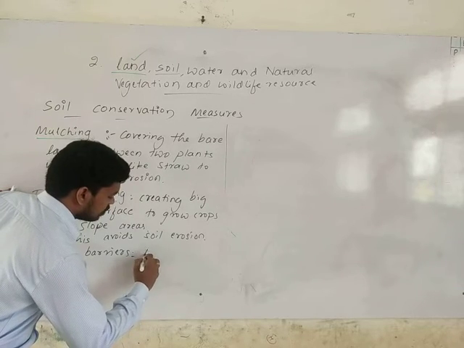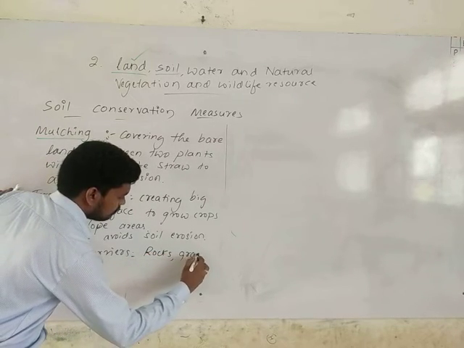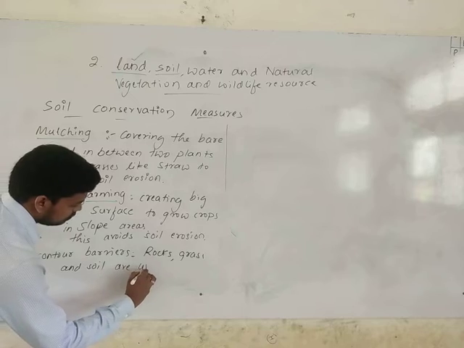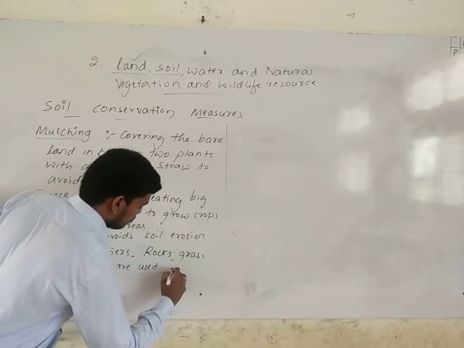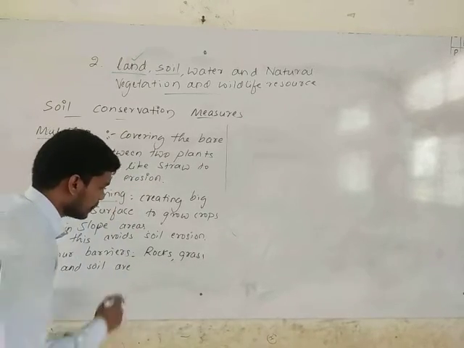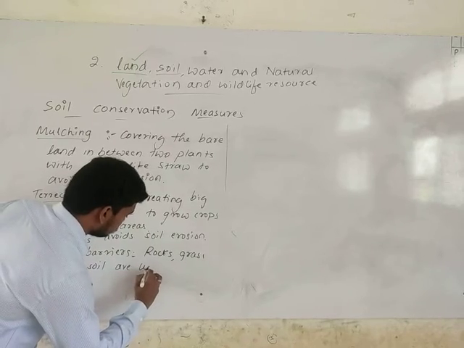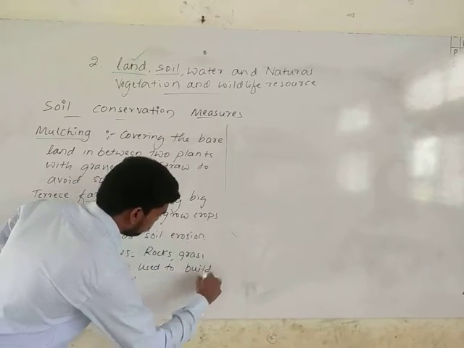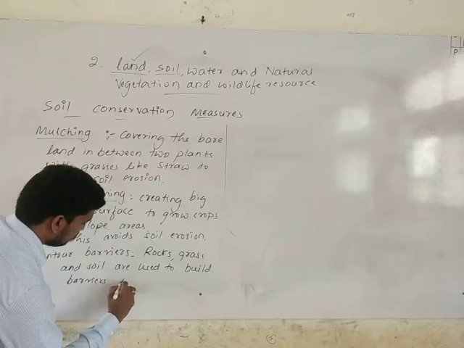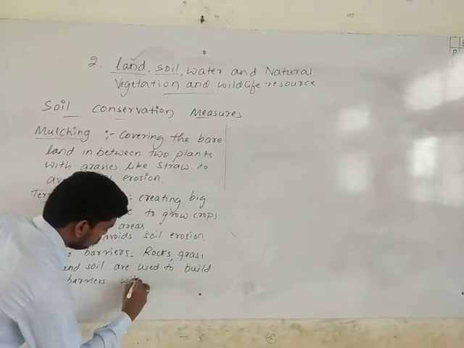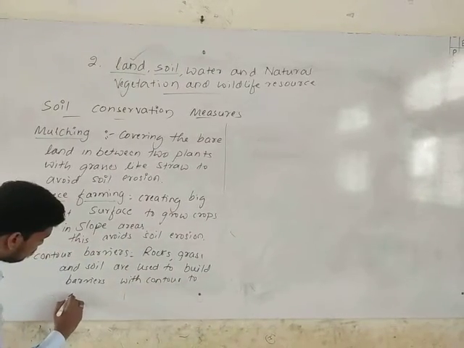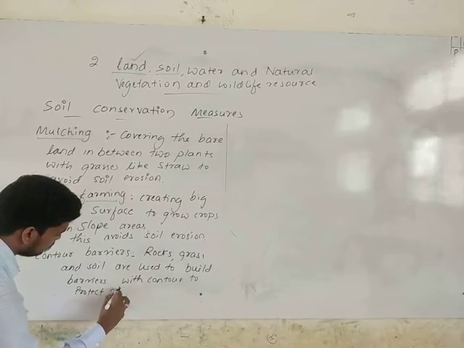Rocks, grasses, and soil are used to build barriers with the contour or near the contour to protect soil.